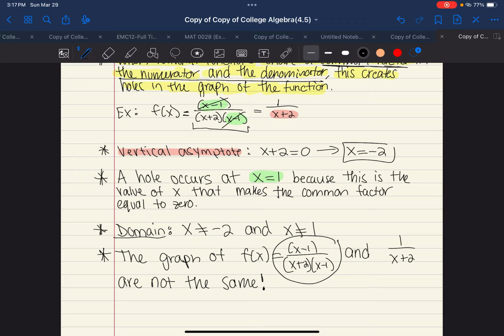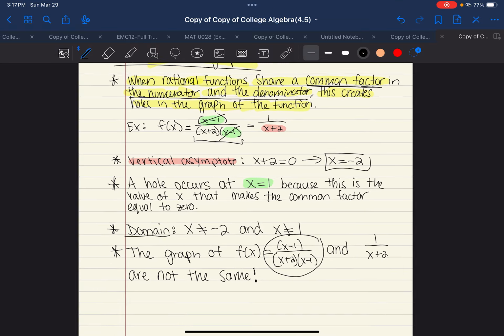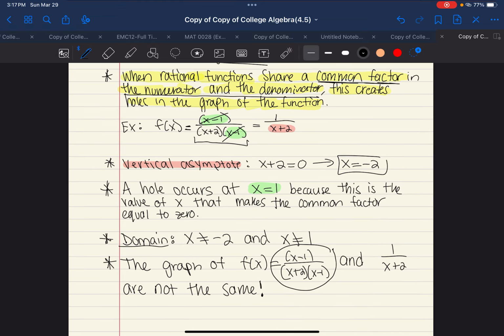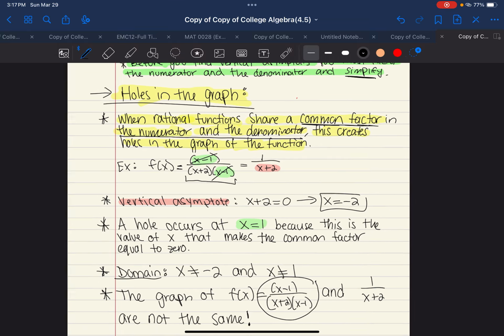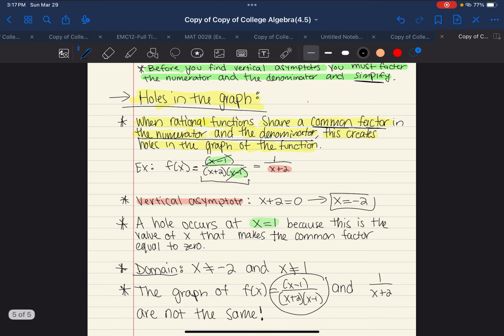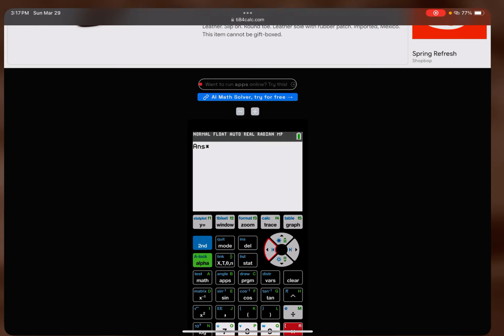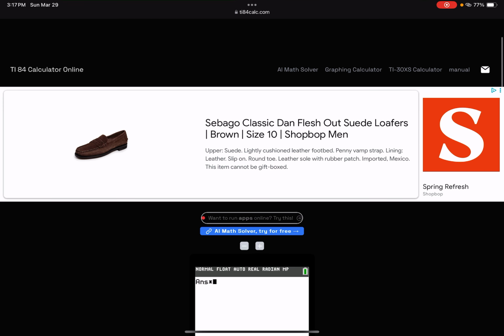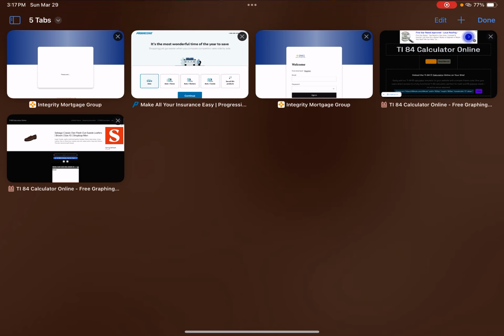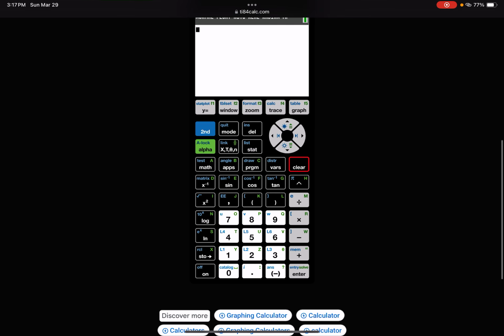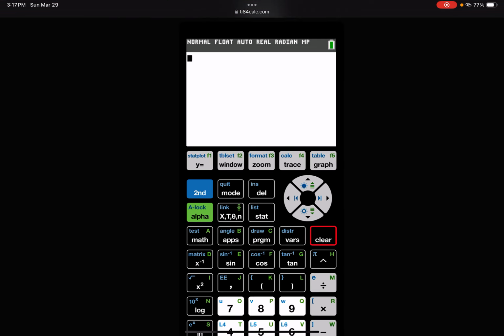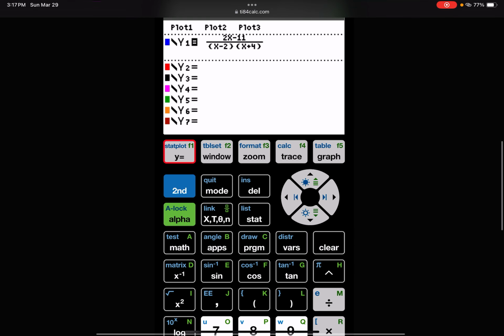All right. Let me show you what this graph looks like on the graphing calculator. So I'm going to go to y equals.